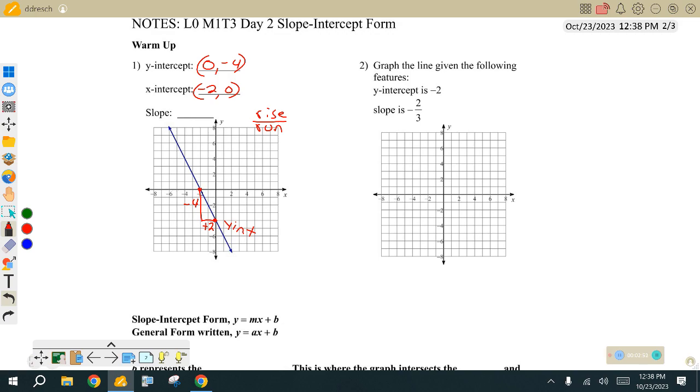All you have to do is look at it and say, which one was our rise and which one was our run? The vertical and the horizontal. So yes, the -4, as he said, down 4, and the run was a 2. That answer is great, but reduce it if you can. You should know what -4 divided by 2 is. -4 divided by 2 is -2.